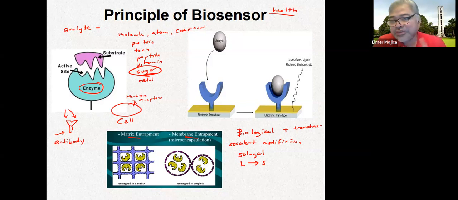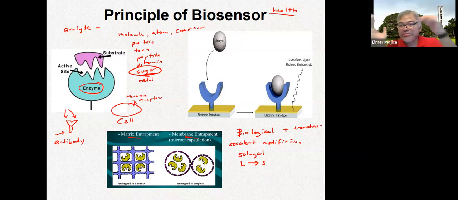I have experience using sol gel, okay? And the way I put the sol gel there is, first I try to entrap an enzyme, and then I try to entrap an antibody. So the thing is, when you form this gel material or gel matrix, the enzyme and the antibody are too big to be removed.